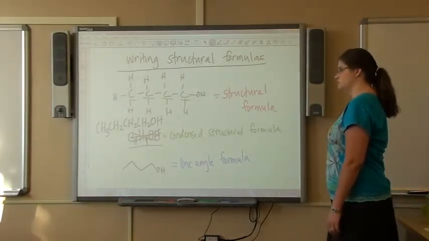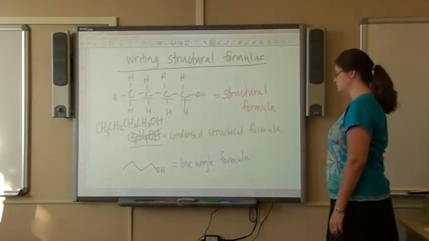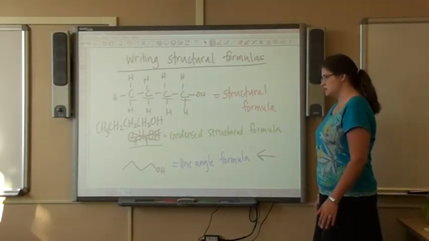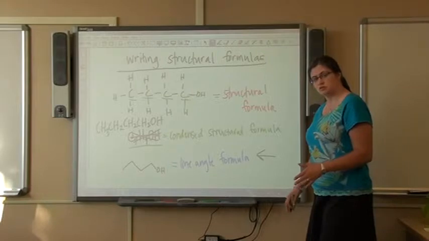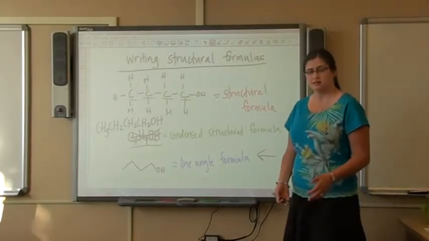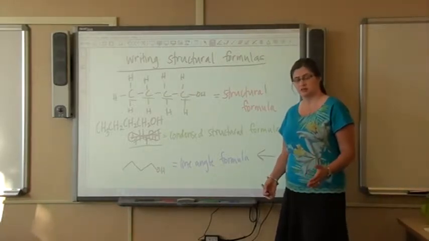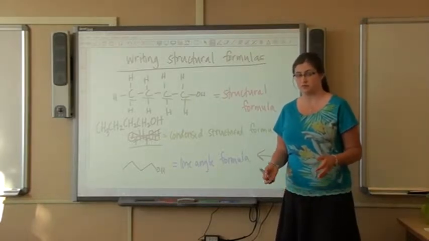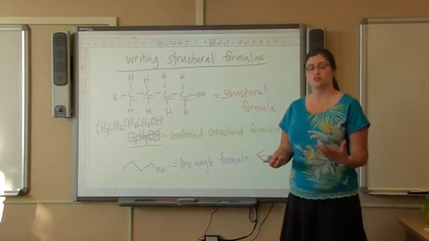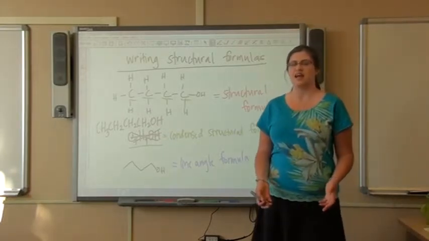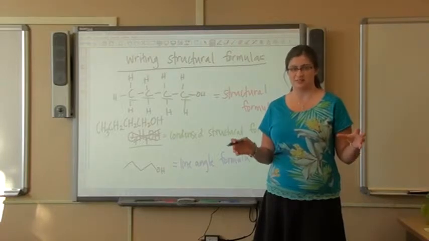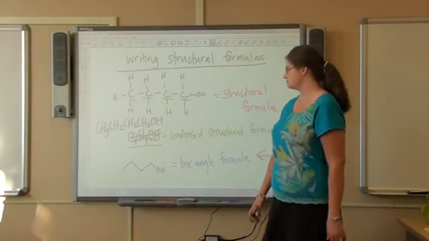Now, in your textbook, I'm not sure if this type of formula is as prevalent, but this is the notation that I want you to use. This is called the line angle formula. And while it looks complicated, it'll actually save you probably about 50% of the time to learn how to write a line angle formula as opposed to writing out structural formulas for all of these compounds.